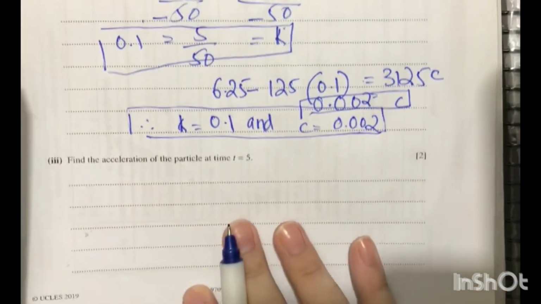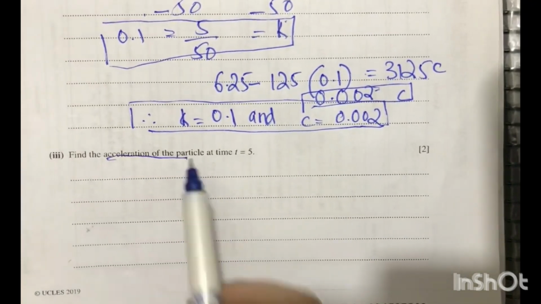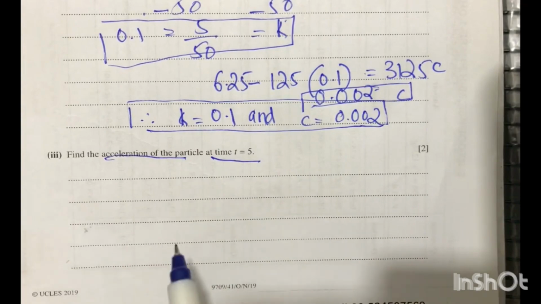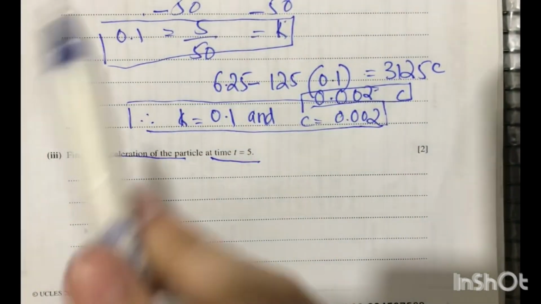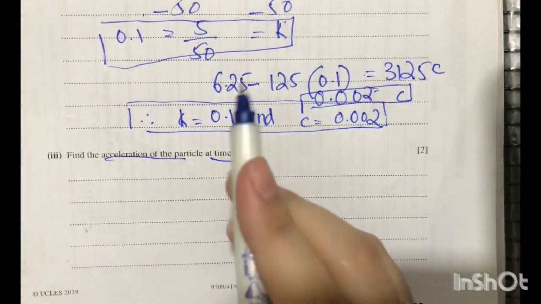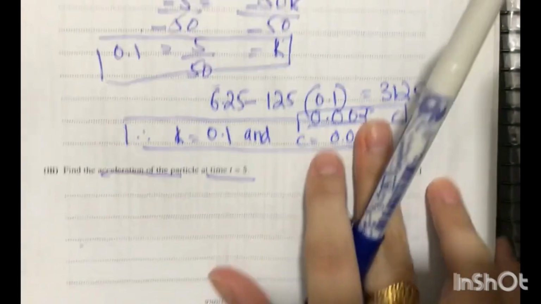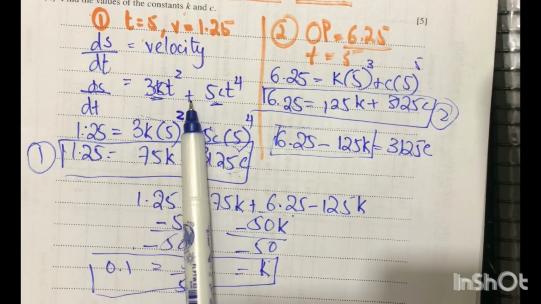Now part 3. Find the acceleration of the particle at time t is equals to 5. So we all know that when we differentiate velocity we get acceleration. So we found out the equation for velocity over here.